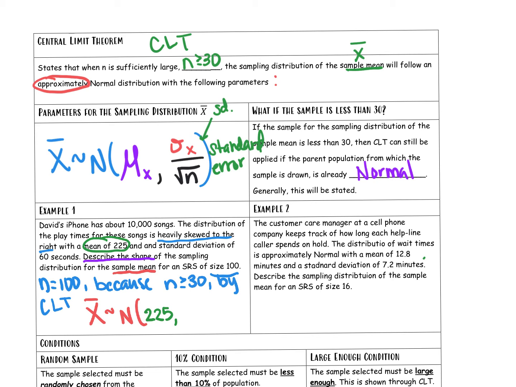And a standard deviation equal to the standard deviation of the population divided by the square root of the sample size. So in this case, that would be 60, the standard deviation of the population, divided by the square root of 100.